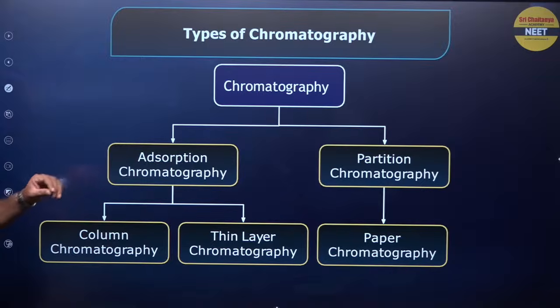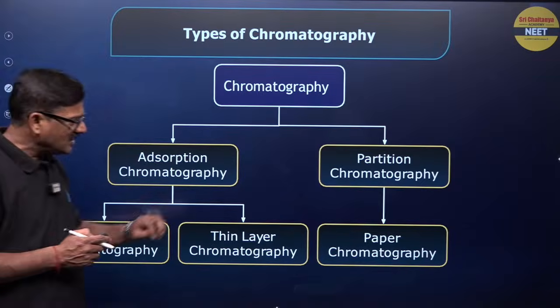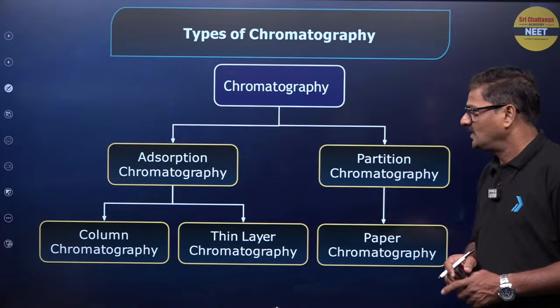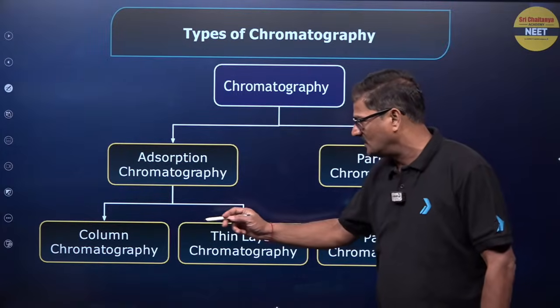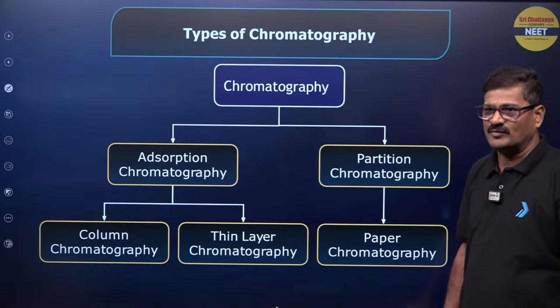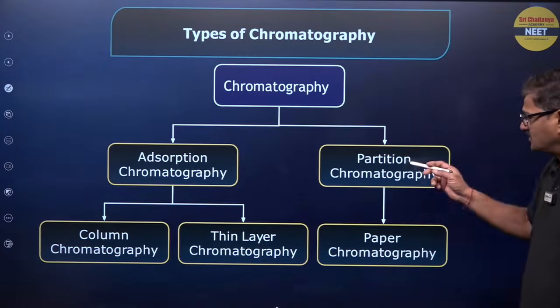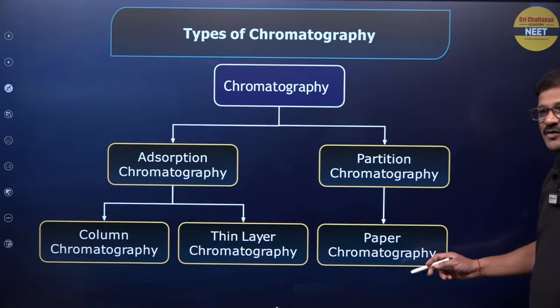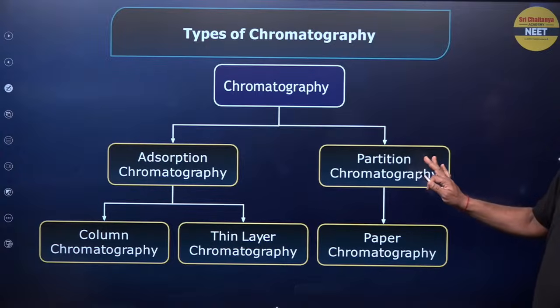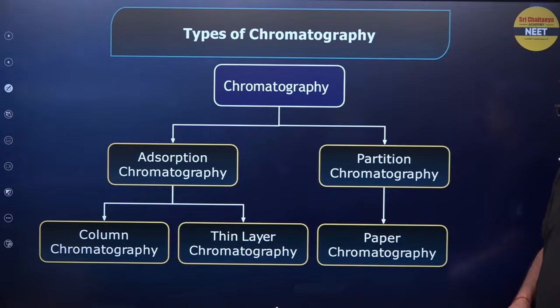Under adsorption chromatography, you have column chromatography and thin layer chromatography, while under partition chromatography, you have paper chromatography. This is the basic classification of chromatography.